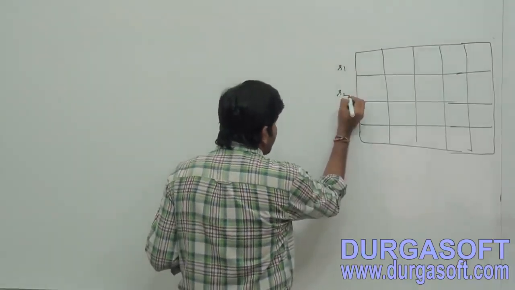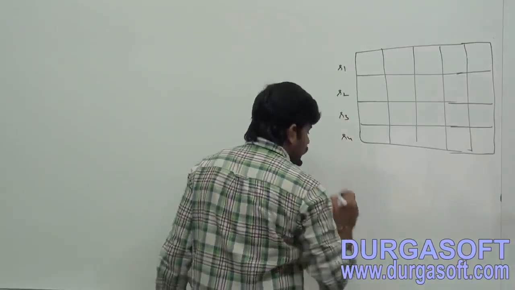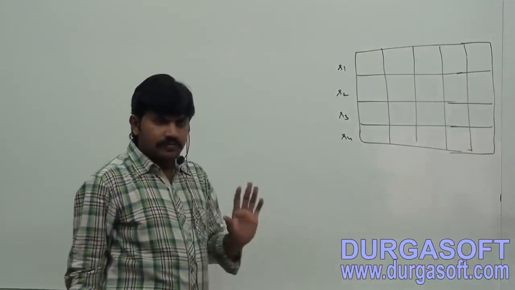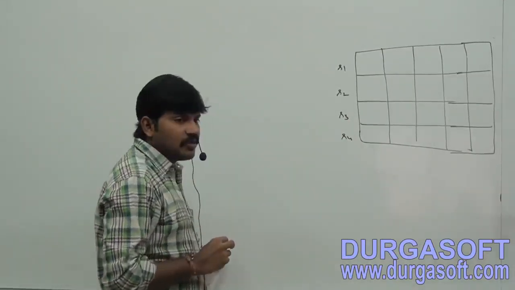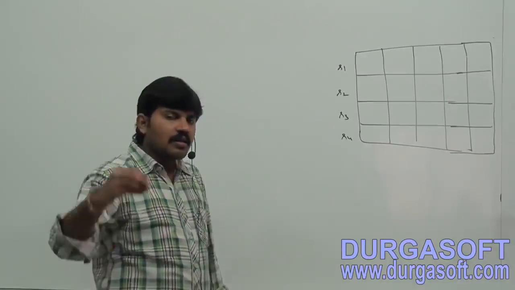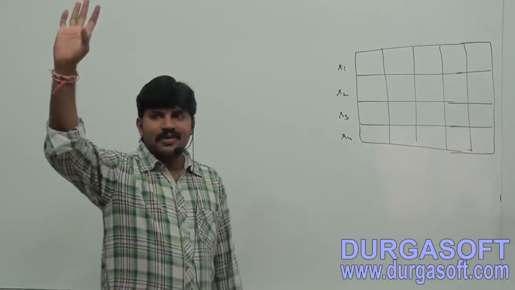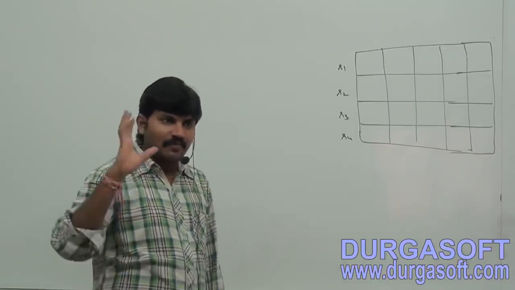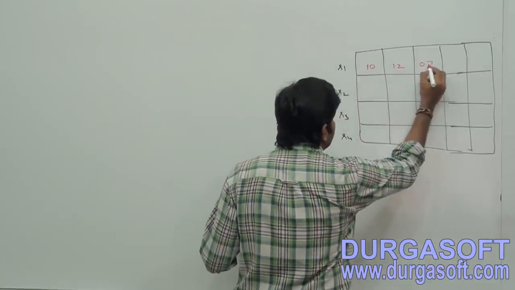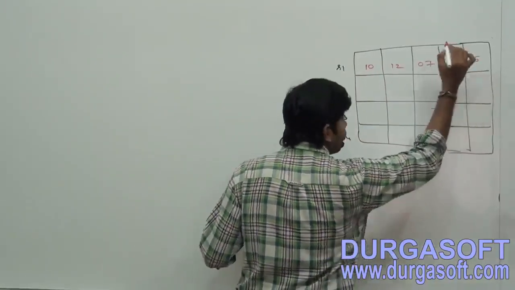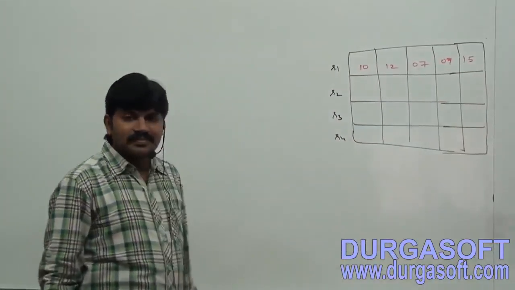First student, second student, third student, fourth student: S1, S2, S3, S4. The first student is a very intelligent person. In the supplementary, all 5 subjects are there, with marks out of 100: 10, 12, 07, 09, 15.